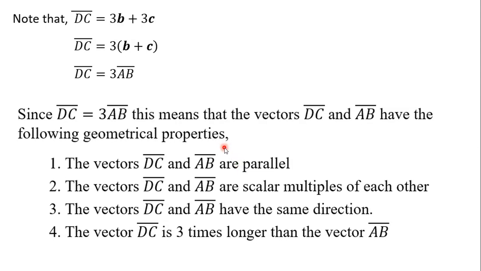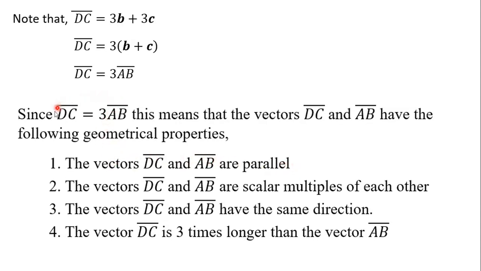Two vectors are parallel if there exists a number that we can multiply one vector by to get the other vector. And that number is 3: 3 multiplied by this vector gives us this vector. So the vectors DC and AB are parallel.